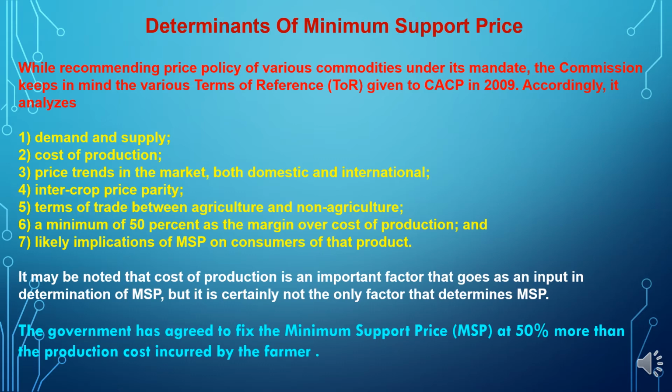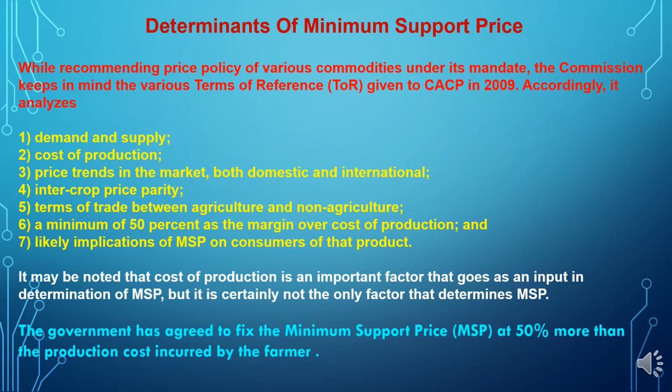price trends in the market, both domestic and international, fourth, intercrop price parity, fifth, terms of trade between agriculture and non-agriculture, sixth, a minimum of 50% margin over cost of production, and seventh, likely implications of MSP on consumers of that product.